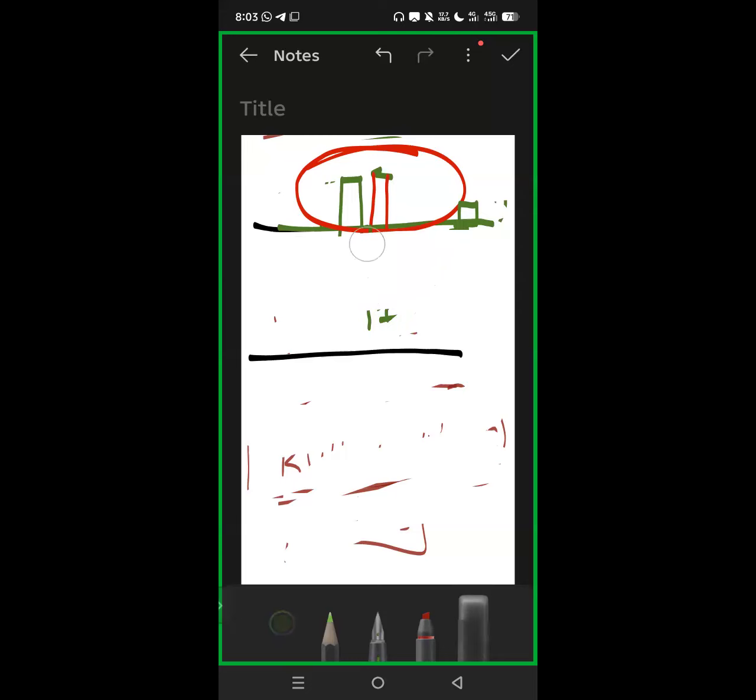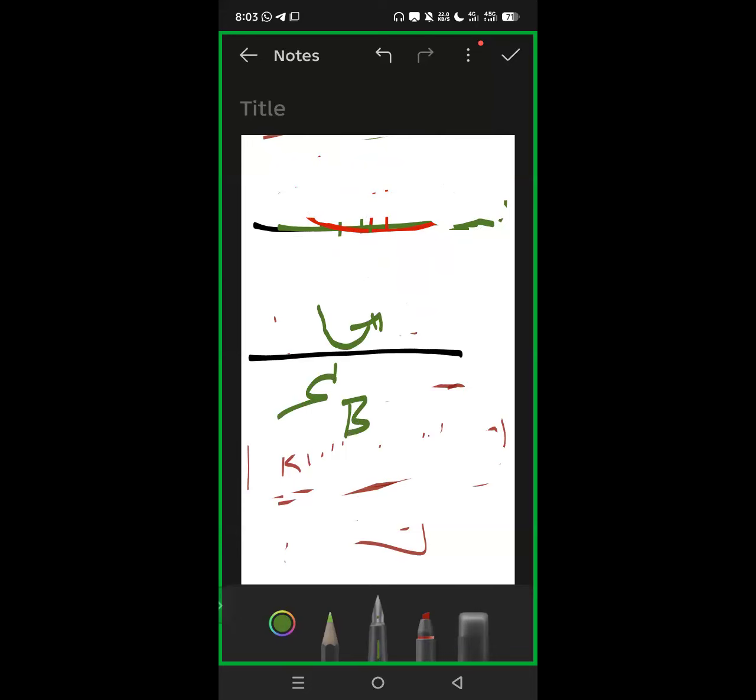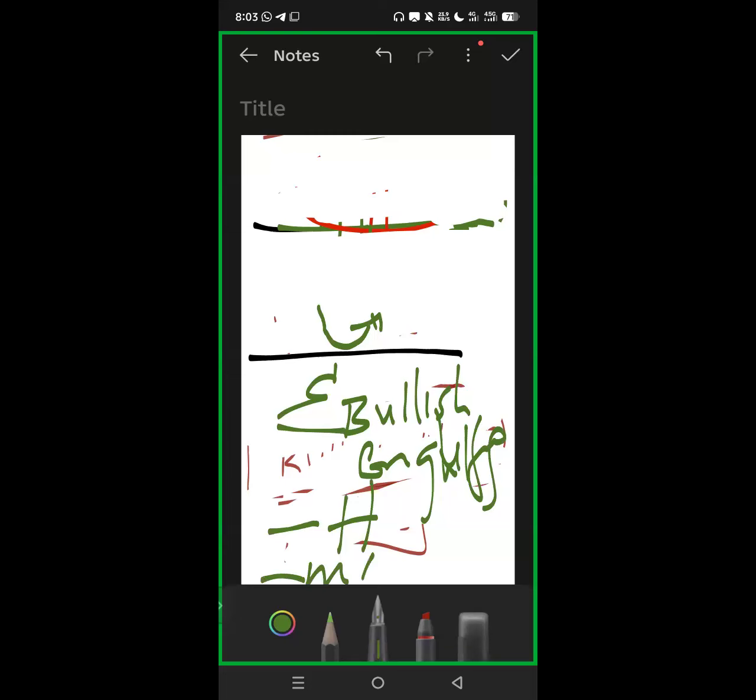Now, if you're going to make any entry around a support zone, make sure that the candlestick formed around there should either be a bullish engulfing, maybe a hammer, or maybe a morning star candlestick.